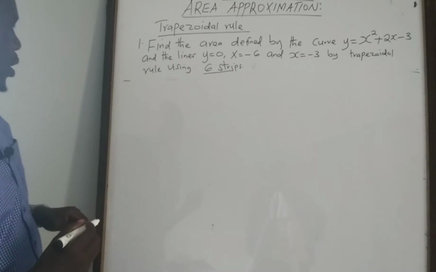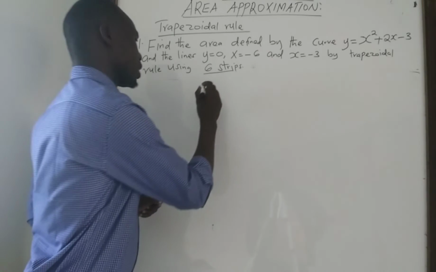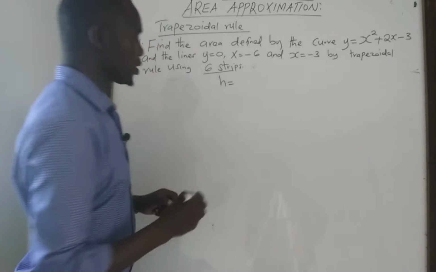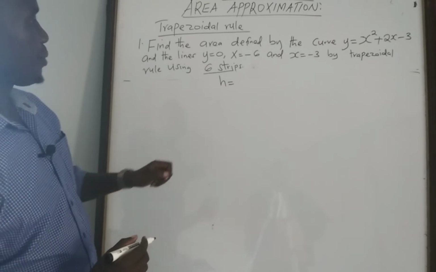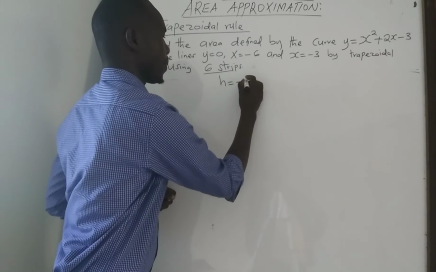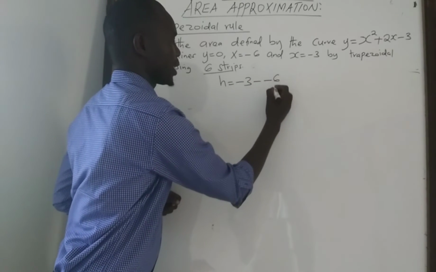So the easiest way of doing this question first, as we have said, under trapezium rule, the first thing we get is the height. And for us to get the height, we take the maximum value of x, which is of course -3, minus the minimum value of x, which is -6.